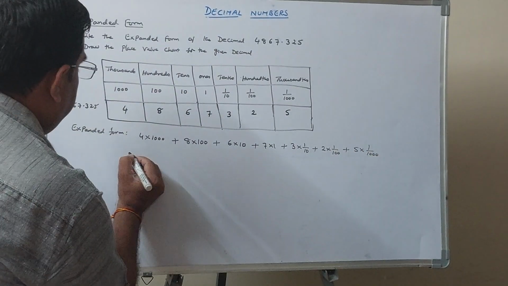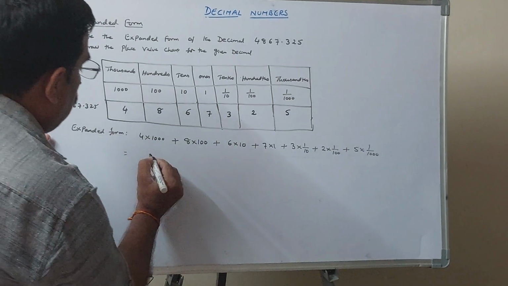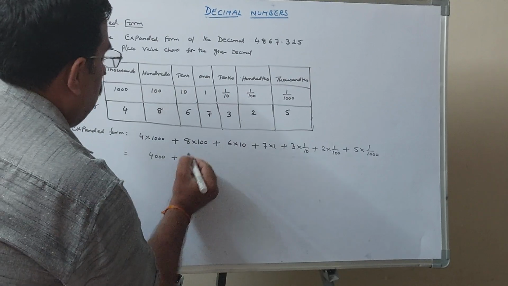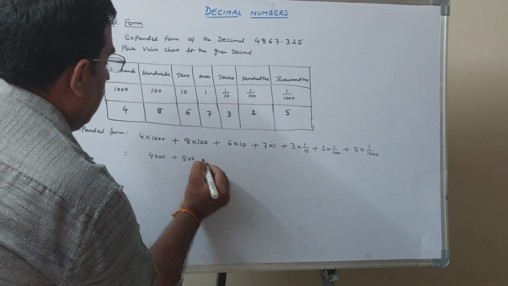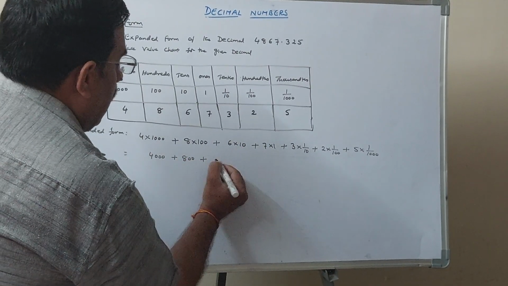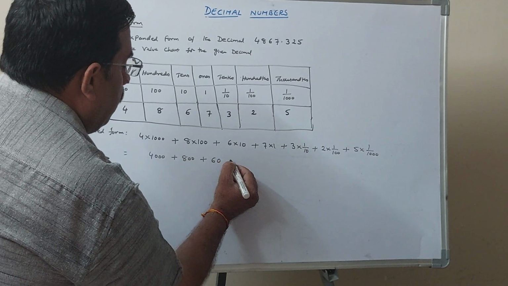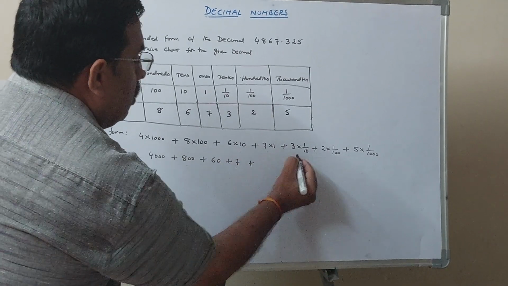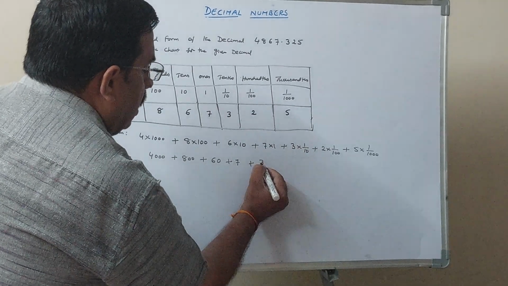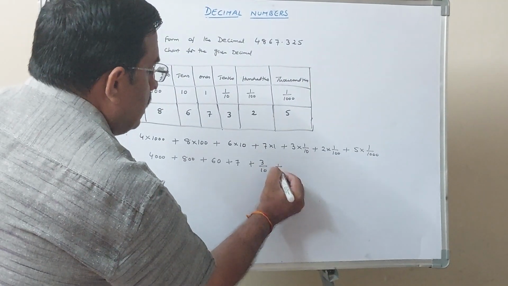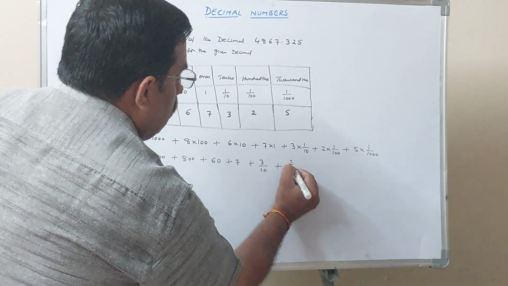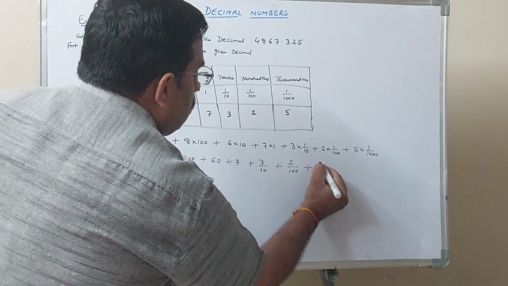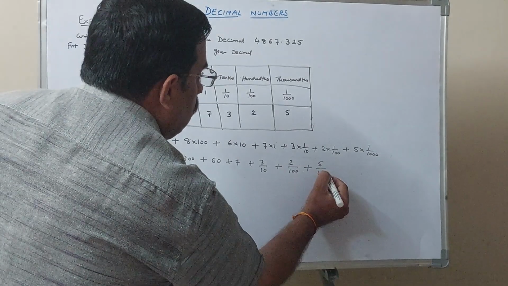So you see, 4 into 1000 is 4000 plus 8 into 100 is 800 plus 6 into 10 is 60 plus 7 into 1 is 7 plus 3 into 1 by 10 is 3 by 10 plus 2 into 1 by 100 is 2 by 100 plus 5 into 1 by 1000 is 5 by 1000.